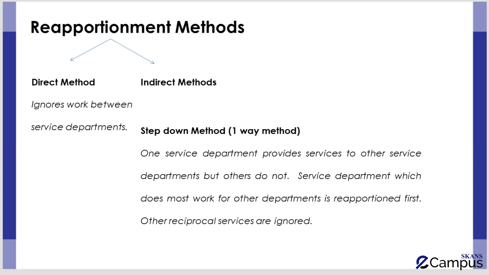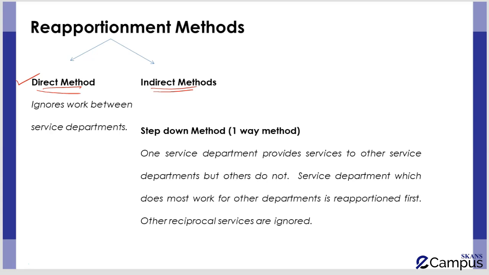Now, moving on to the next slide, there are two methods for the reapportionment of overhead cost. One is the direct method and the other one is the indirect method. In the direct method, we ignore work between service departments, which means service center costs will be reapportioned only to production departments. This method is suitable when the service departments only provide services to production cost centers and do not exchange services between themselves.